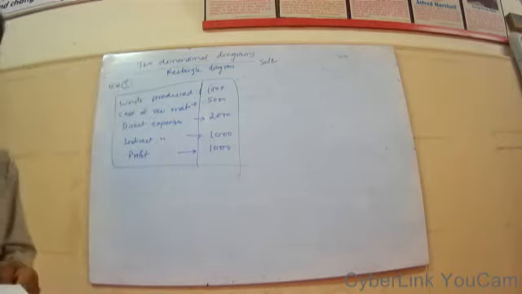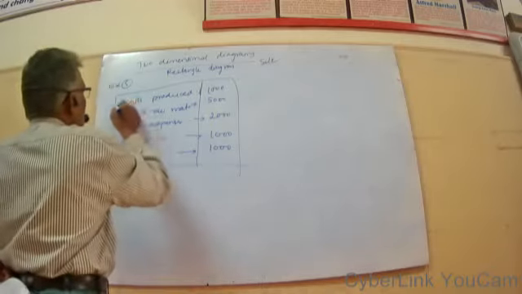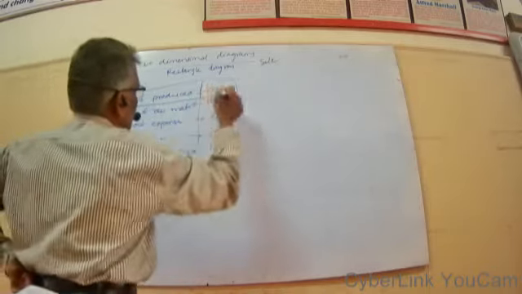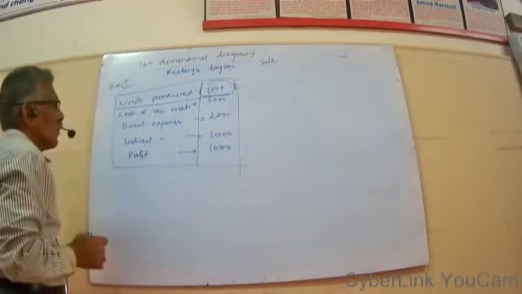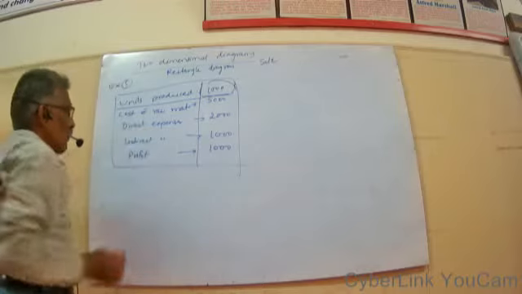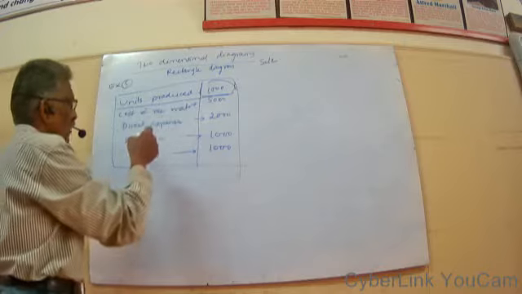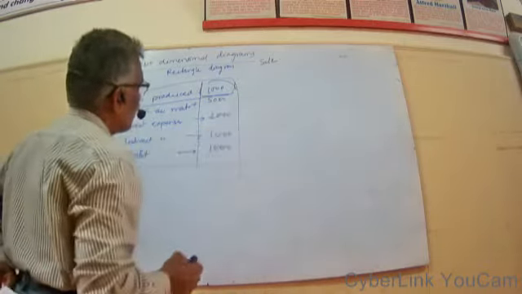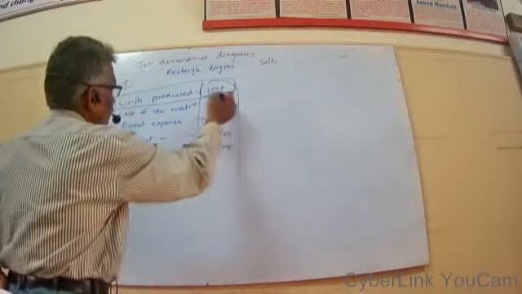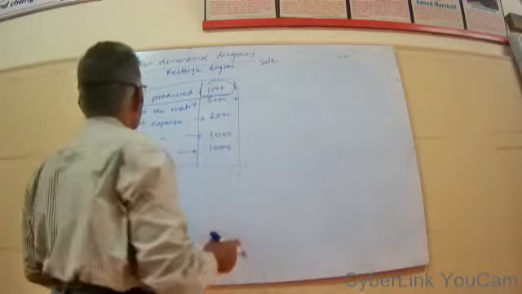See here, given units produced 1000. And the costs are different: direct cost, indirect cost and cost of raw materials, all these together, so you have to convert it. What is the price of each unit?